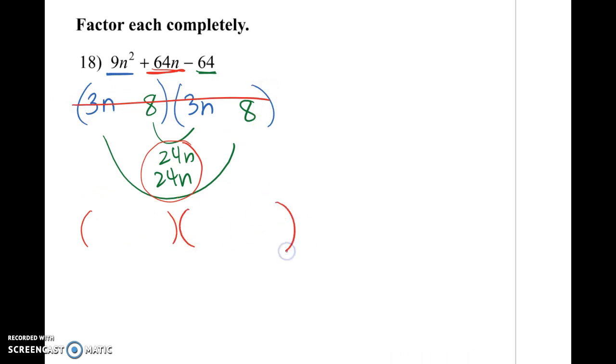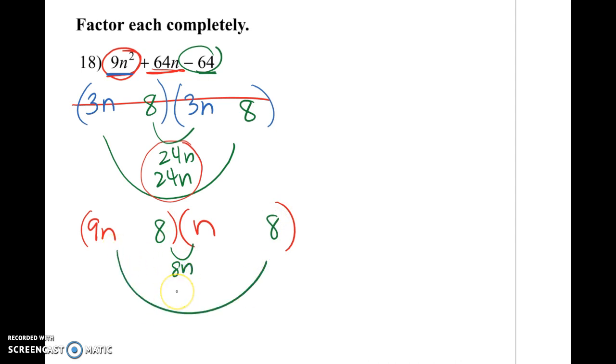So let's go ahead and try something else. Let's see. What multiplies to 9n squared? Let's try 9n and n. What multiplies to 64? Let's try 8 and 8. If I multiply these, I get 8n. If I multiply these, I get 72n. And if I add or subtract these, I need to get 64n.